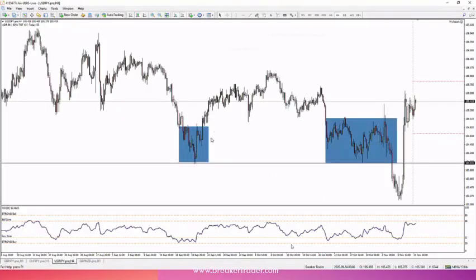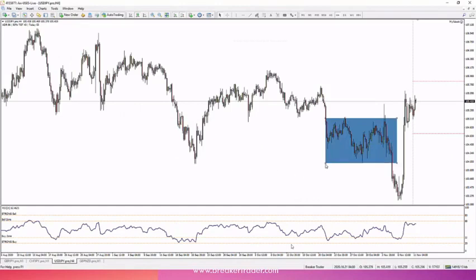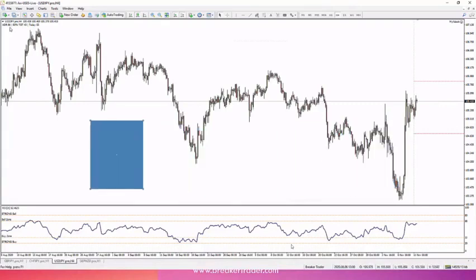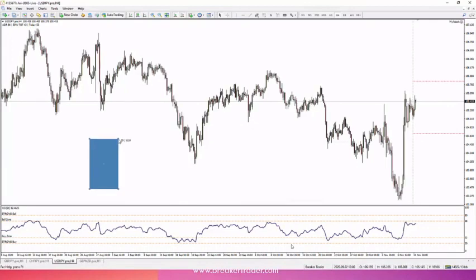So what we're going to do is draw the ADR of this pair as it stands at the moment. The ADR of this pair, the US dollar yen, is 86. So we're going to draw a box which is roughly 86 pips high, which is there, and I'm going to create 3 of these.